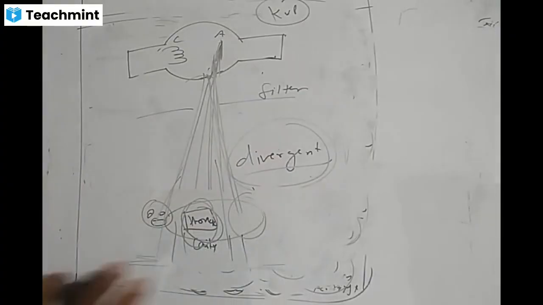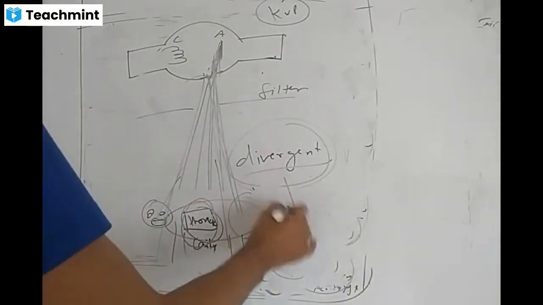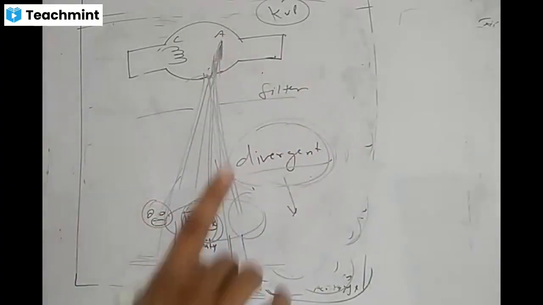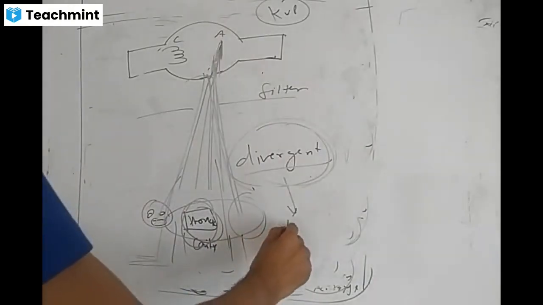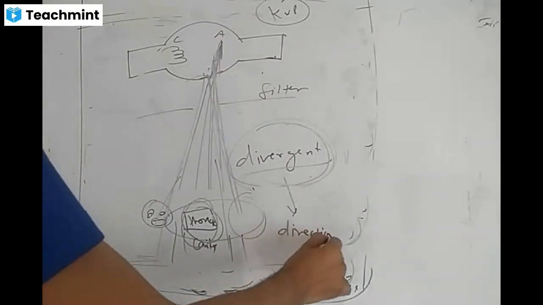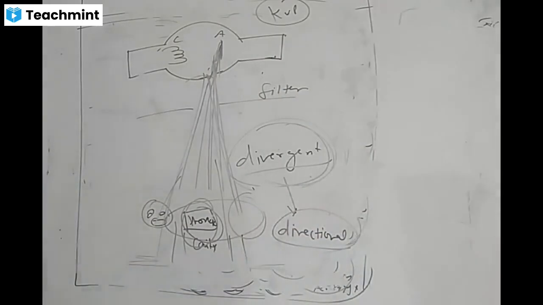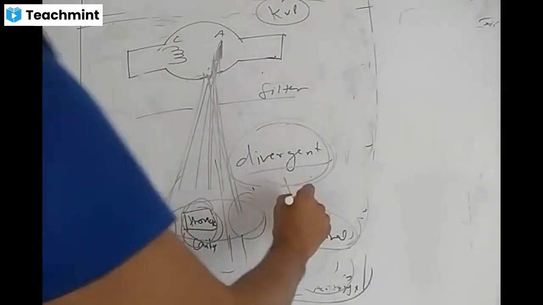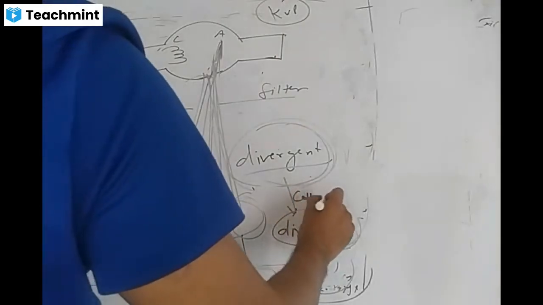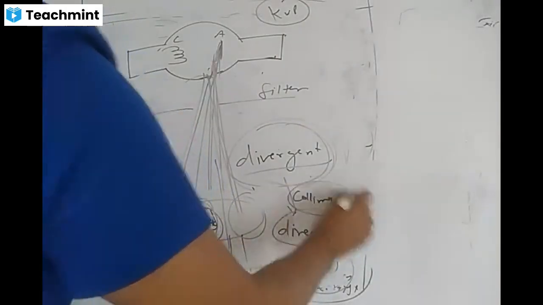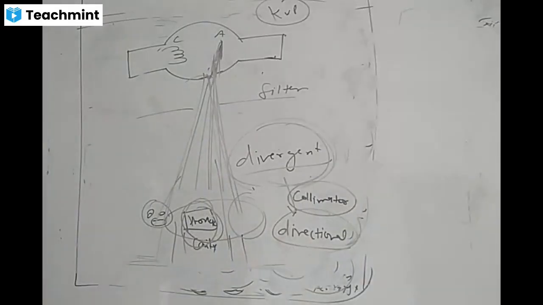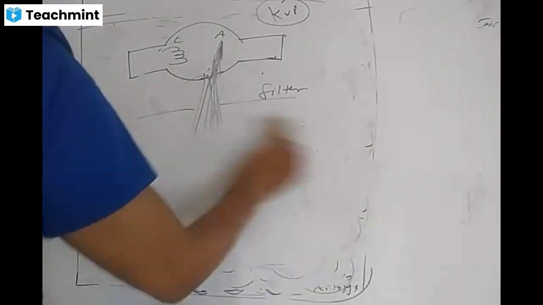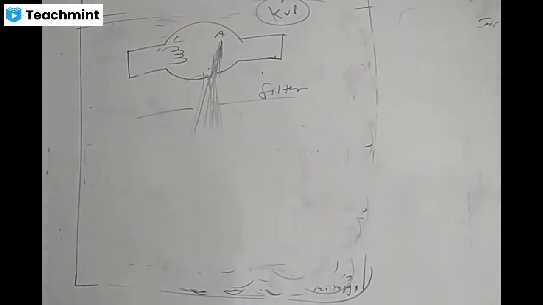So we have one option: we can convert a divergent beam into a directional beam. The device for this is called a collimator.